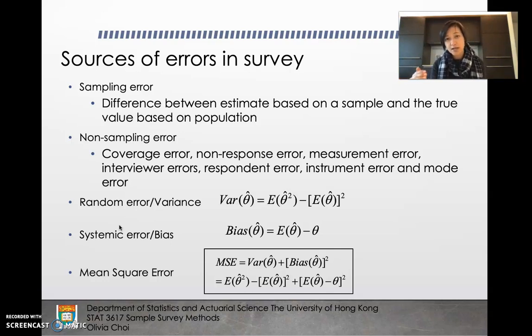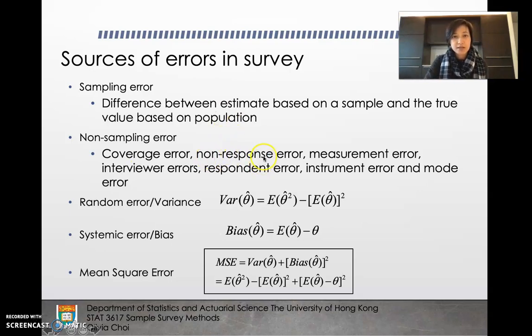So we will end up having a higher coverage error. And at the end of the day, the average hours of study will be higher than the true value, because those going to the library are likely to have higher average hours of study, right? So that would be the coverage error, but we can minimize it if we obtain a better frame, right?